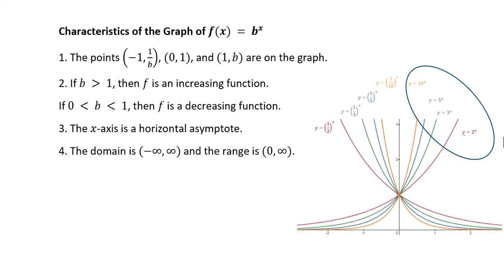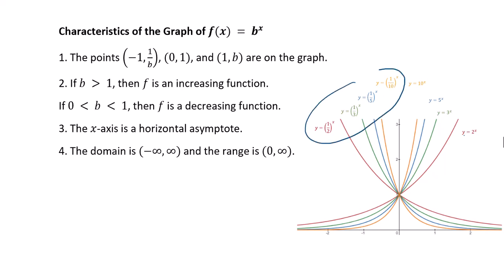If my base is between 0 and 1, then the graph is going to be a decreasing function. The x-axis is a horizontal asymptote, we can see, and the domain is negative infinity to infinity, and the range is going to be 0 to positive infinity, not including the 0.